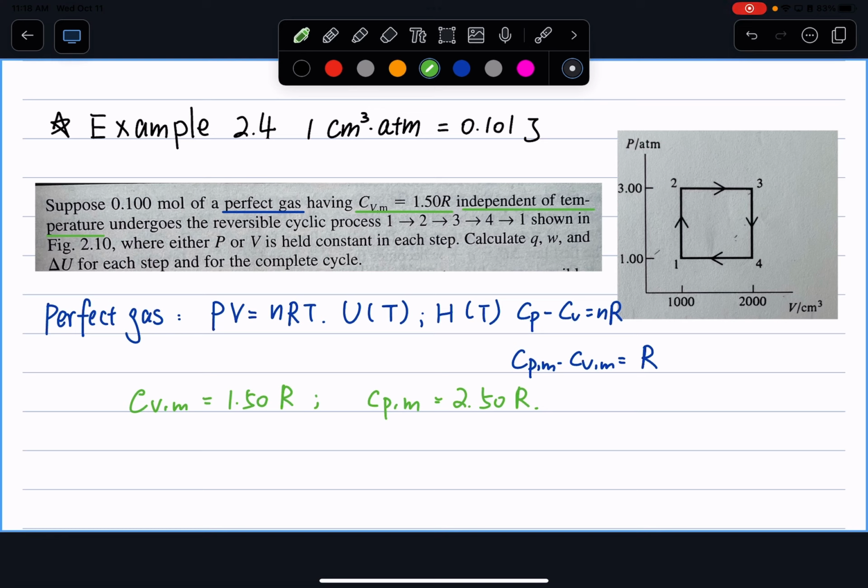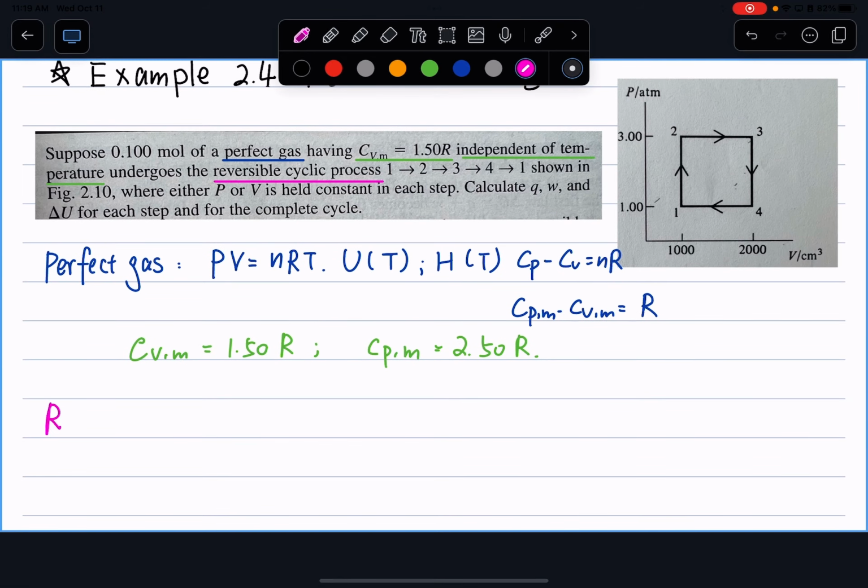The next thing we know is that this perfect gas undergoes a reversible cyclic process. Reversible tells you we can use dW reversible equals negative PdV.